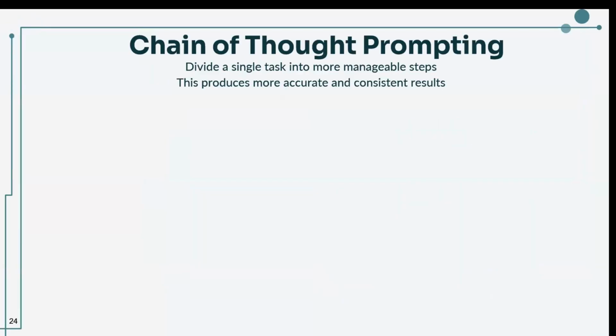Now, let's talk about chain of thought prompting, because in the first part of this, we talked about complex tasks, how AI is able to manage complex tasks where old AI was one question, one answer at a time. Chain of thought is dividing a single task into more manageable steps. This produces more accurate and consistent results.